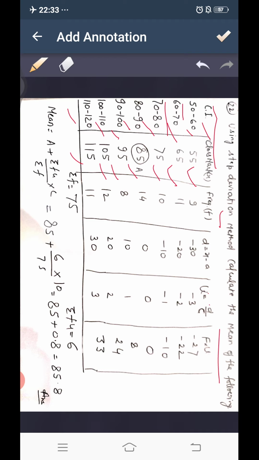Frequencies are given 9, 11, 10, 14, 8, 12 and 11. Now, we can see in the middle one, that is 85. We assume it as mean. Assumed mean is 85.